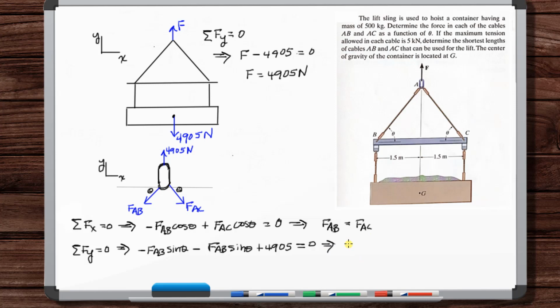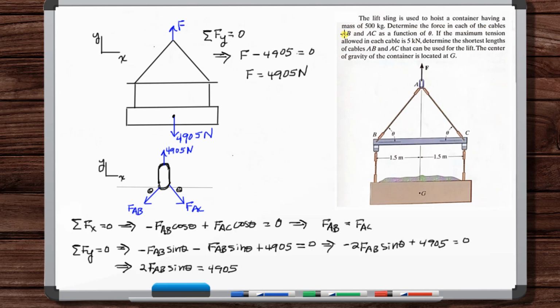So we get minus 2 FAB sine theta plus 4905 is equal to 0. So 2 FAB sine theta is equal to 4905.